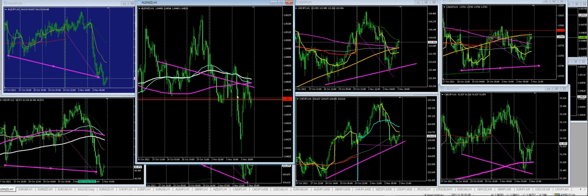Exactly, same time. The overall move is down for the day, and it's not huge. From here, it's not massive, and that angle is reflected in there. So that's why we don't have an enormous trend move. However, if we put something like Aussie Swiss, in theory we should have a trend move.